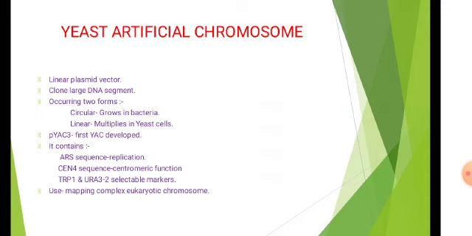The circular form grows in bacteria. The linear form is important for multiplying a lot of copies in yeast cells. The first YAC developed is called pYAC3. It is very important for mapping complex eukaryotic chromosomes.